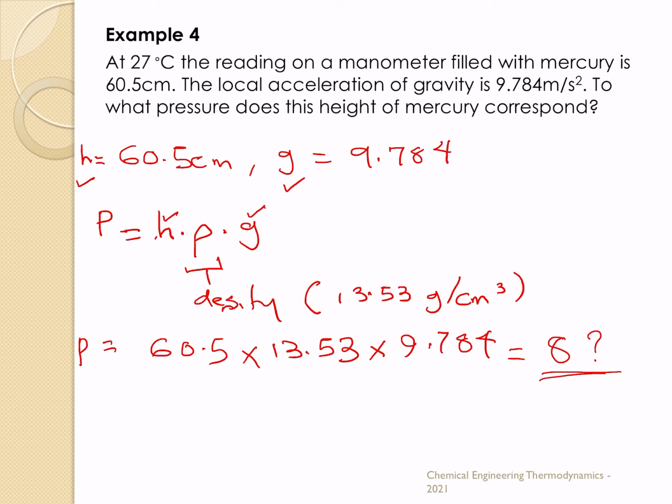We've said H is in centimeters, density is 13.53 gram per centimeter cube, and G is in meters per second squared.